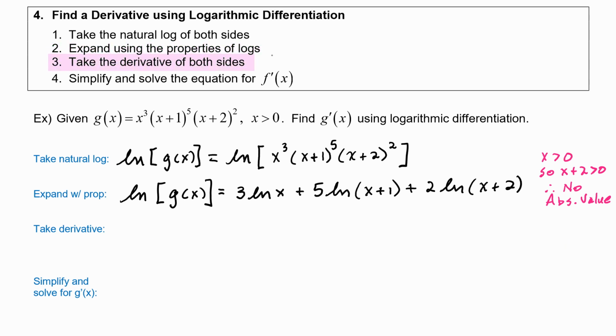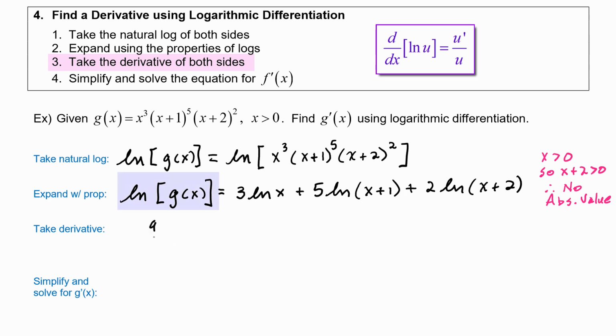Now, step 3 says to take the derivative of both sides. We know that when we are taking the derivative of the log of u, we're going to be using the rule u prime over u. So on this left-hand side, we get g prime of x over g of x, and that's going to equal, on the right-hand side, this first term, we bring down that constant of 3, and then the derivative of natural log of x is 1 over x.